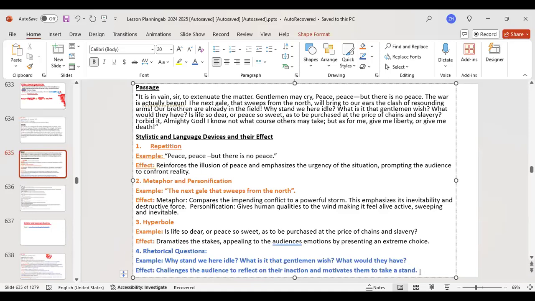Anyone else? What other devices do we see? Alliteration. Who said alliteration? Naya. Where do you see alliteration, Naya?